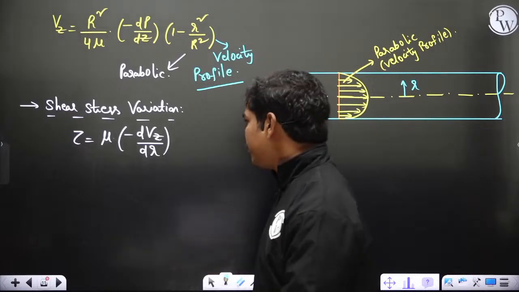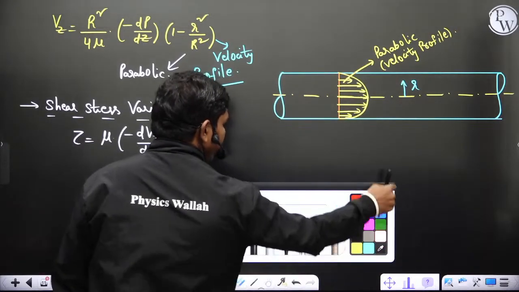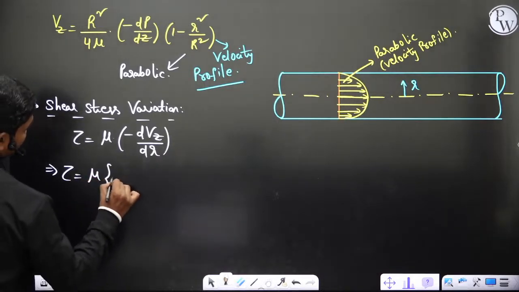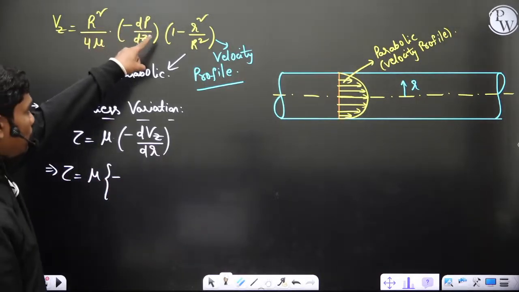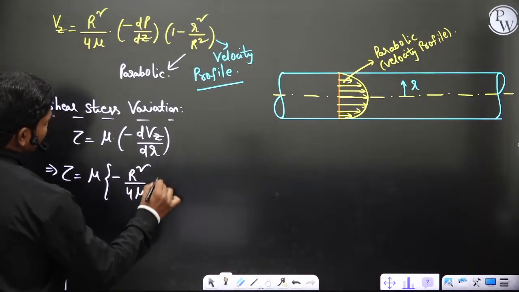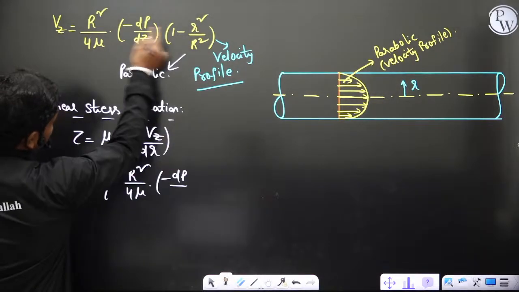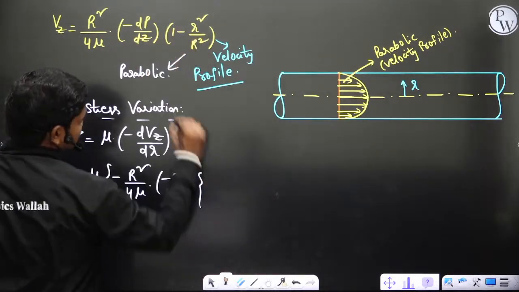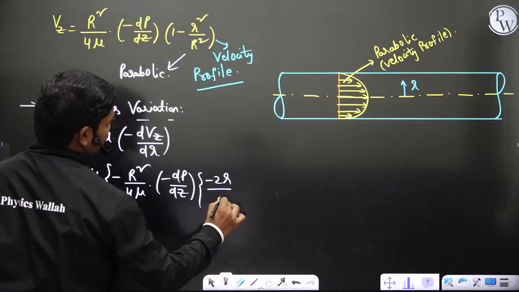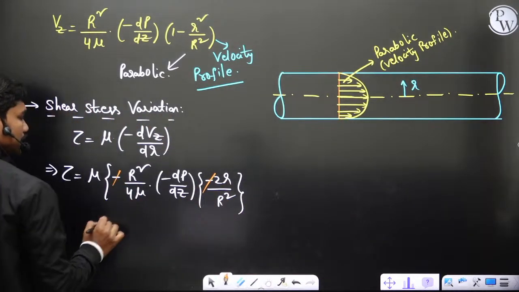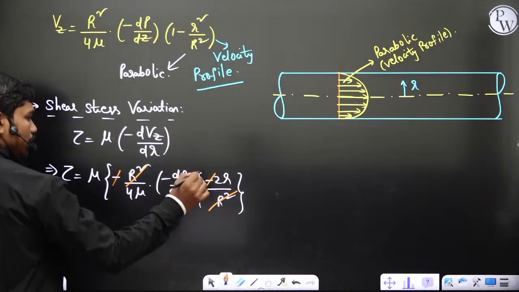Clear? Now if you do this, you'll expect a linear variation. Tau is equal to mu into minus, if you differentiate this with respect to small r, we have r square by 4 mu minus dp by dz. So in this equation, up to here, these are constants, so dp by dz into, in differentiation, minus 2 small r by capital R square, then you can see this minus and minus get cancelled.